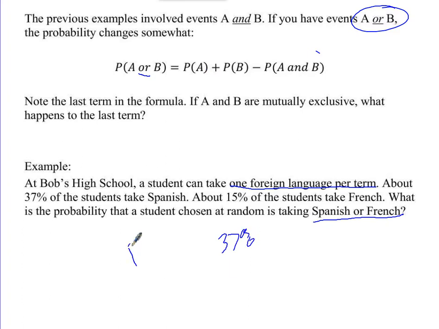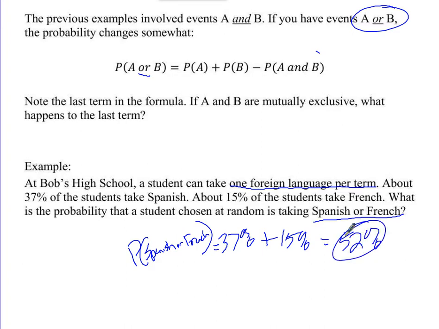And I'm going to write the probability of Spanish or French equals 37% for Spanish plus 15% for French, which means that the probability that a student chosen at random is taking a foreign language is 52%. You just add the percentages together.